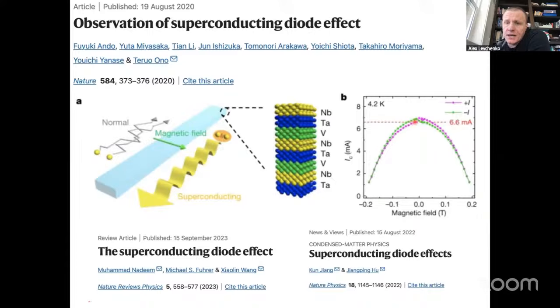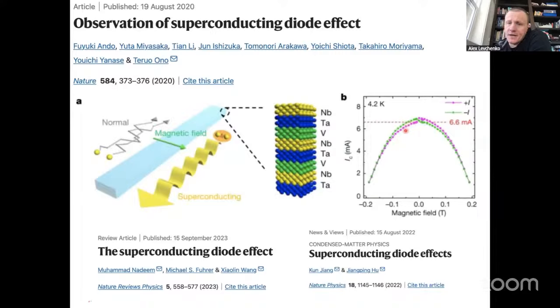So the green line and the magenta line are different biasing directions. If I take a cut at constant magnetic field, you see that there is a small difference of a few percent in the magnitude of the critical current between the green and magenta lines. And this difference becomes progressively smaller at higher fields.